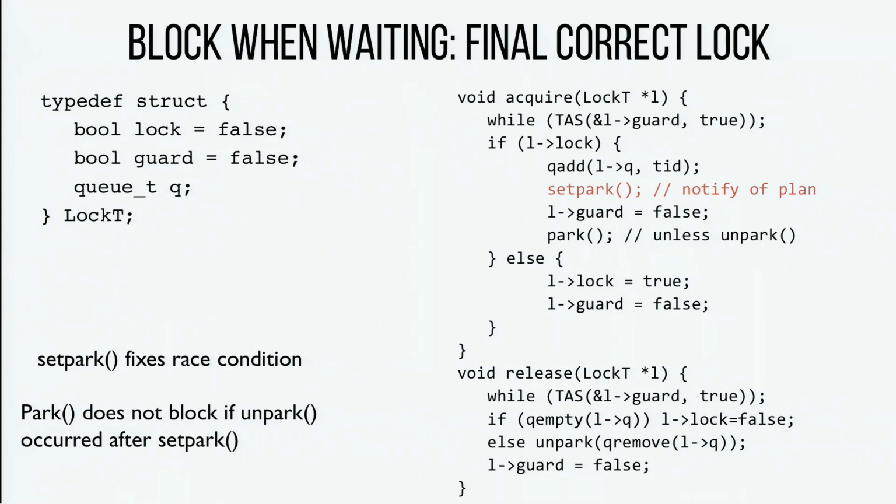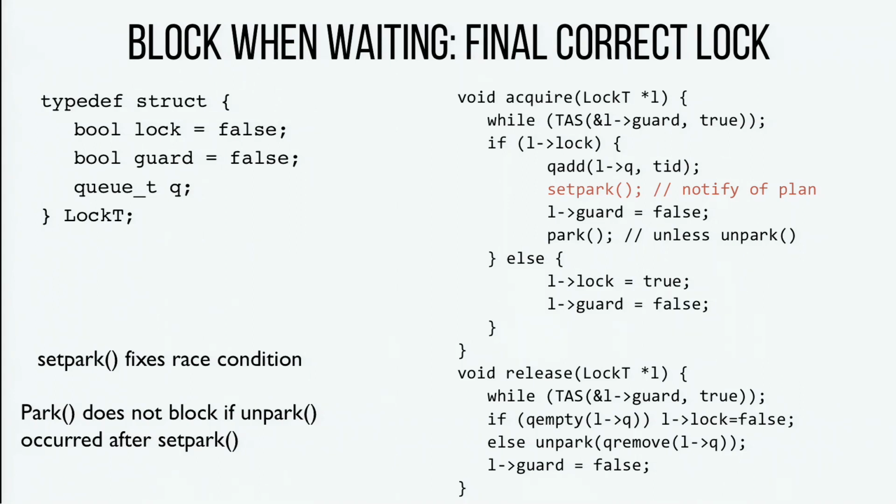And then we had this tricky stuff where it was possible to miss an unpark, which is a lot like a signal, before we actually get parked. So that's very similar to calling wait on a condition variable just after another process called signal on that.